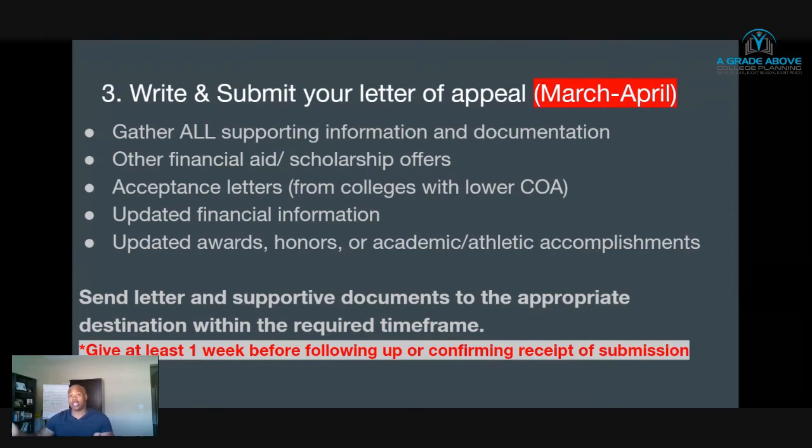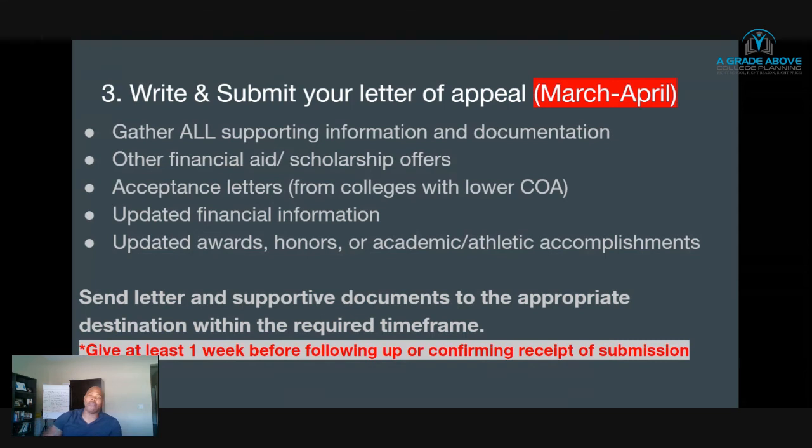Now, the cost of attendance at UCLA is significantly less than it would be at USC. And they're competitors, right? They're LA, Southern California, they're competing with one another, and you didn't get any money from UCLA, but it's going to cost you a lot less. But in order for you to go to USC, you kind of got to get that price close to the same. And that's also worthy of submitting with your letter of appeal.